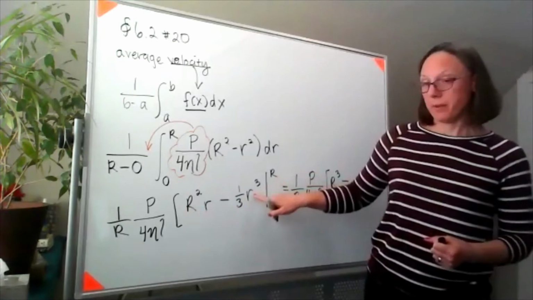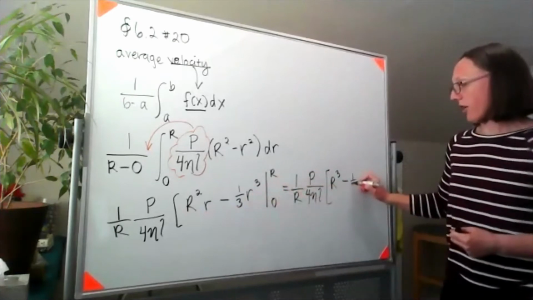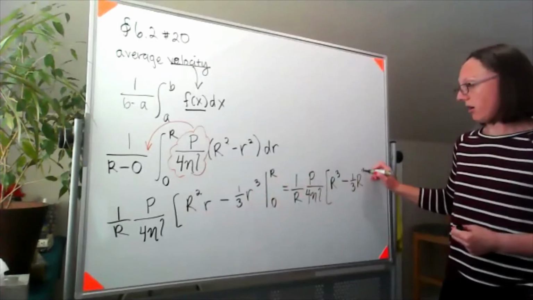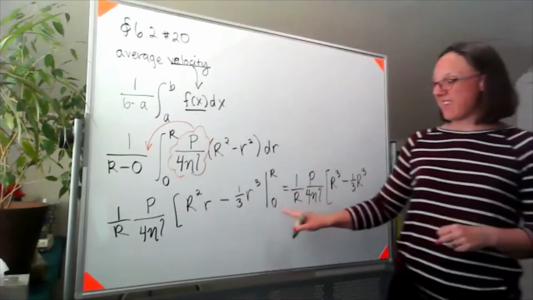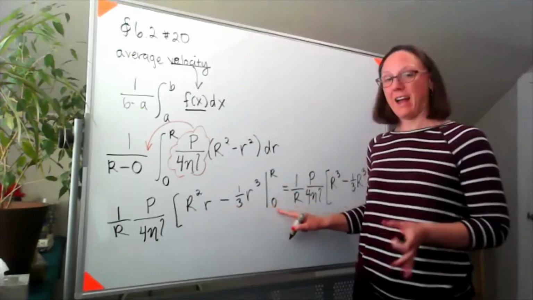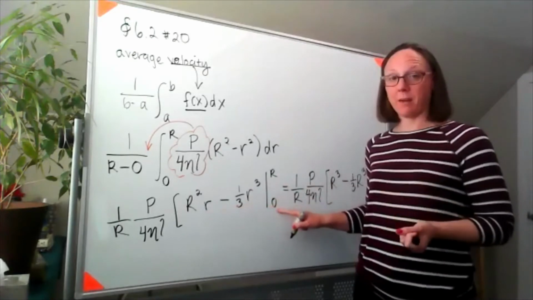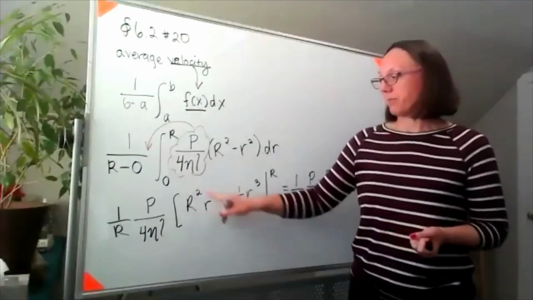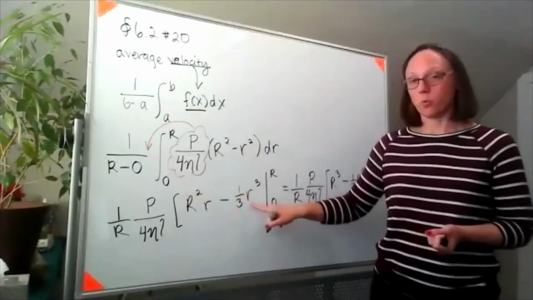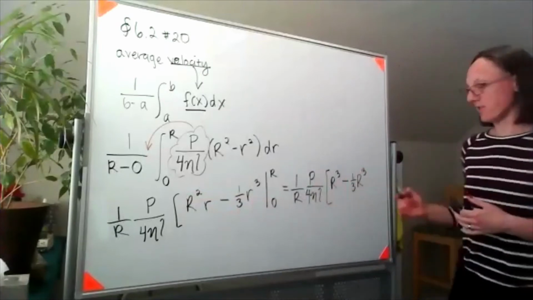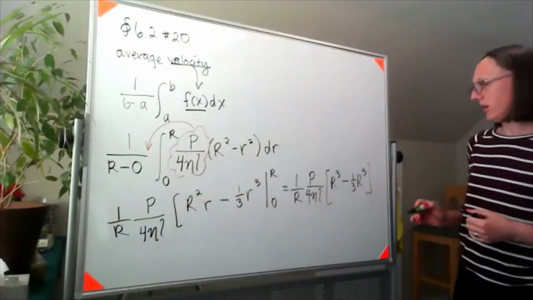And I'll plug in the big R here and have 1/3 of big R cubed. And then I should plug in the 0. I'm not skipping that step, but if we plug in 0, that will be 0, and so will this. So I'm not going to write that additional 0.